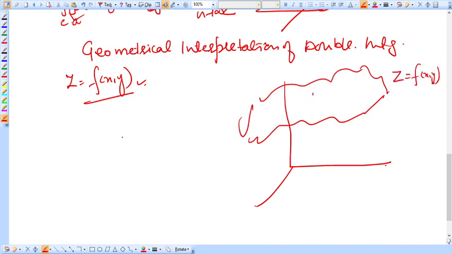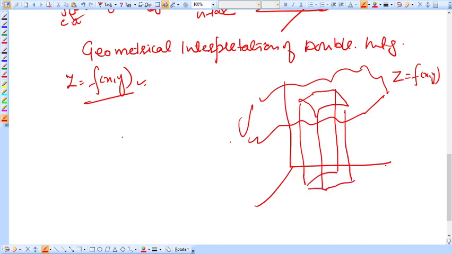So now take a small region on this surface, okay. Take a closed region, and now take its projection on the xy plane. So here we are going to get it again.